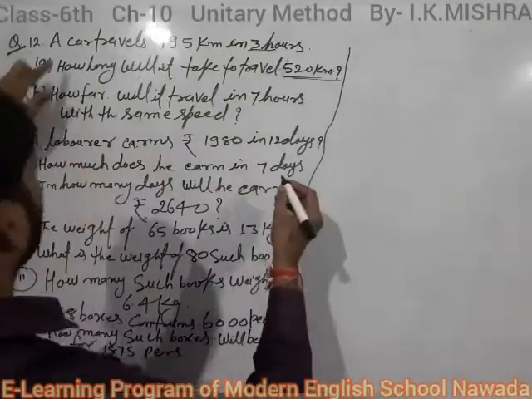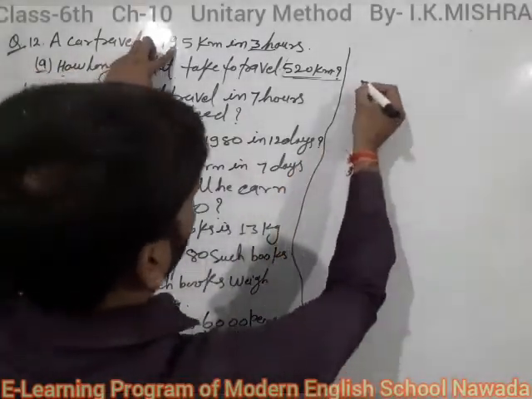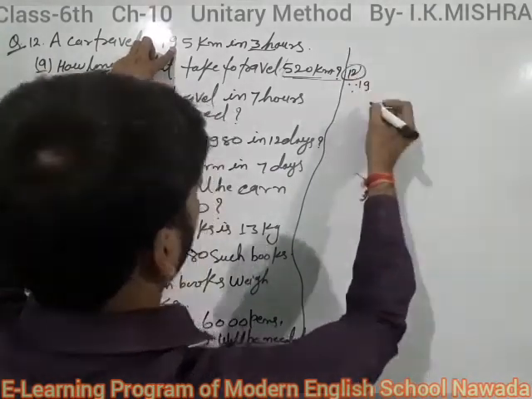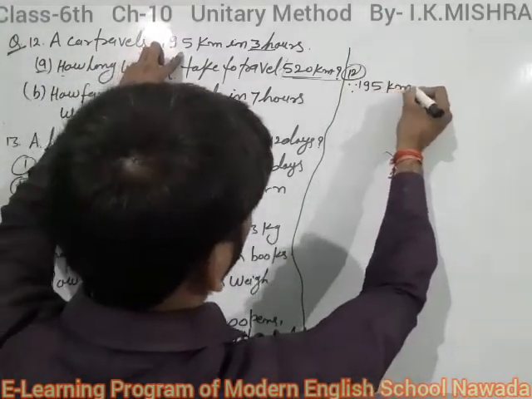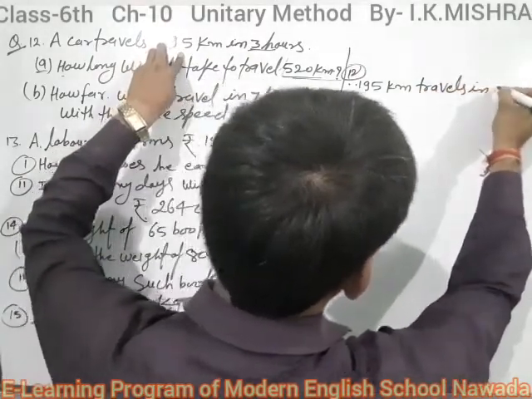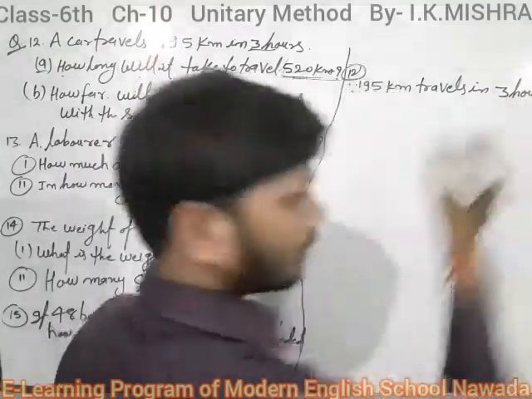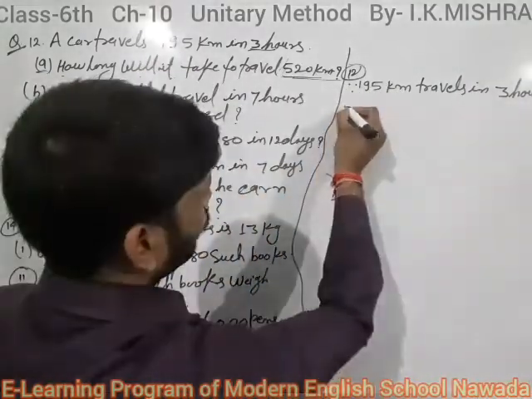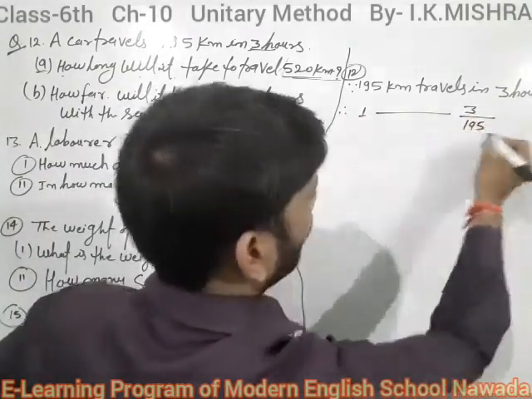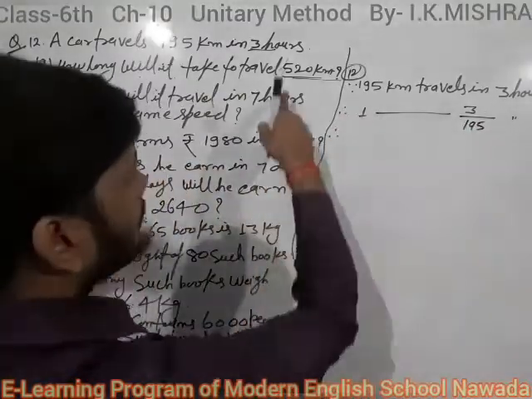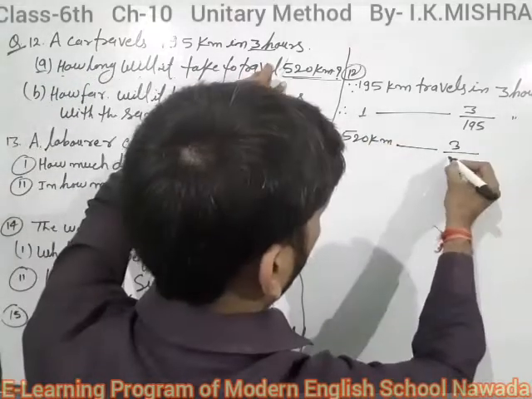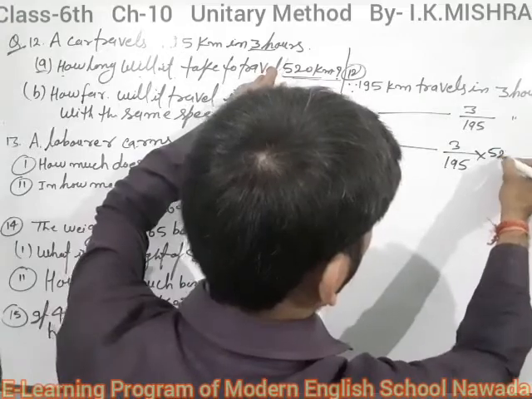So friends, here first write for 195 kilometers, question 12 solution. 195 kilometers travels in 3 hours. That means 1 kilometer travels in 3 upon 195 hours. So here 520 kilometers are required. 520 kilometers takes 3 upon 195 into 520.